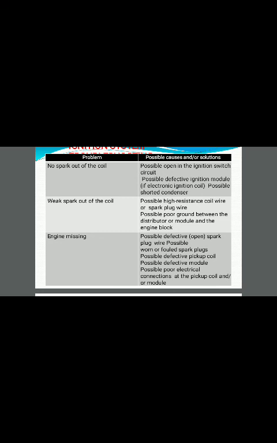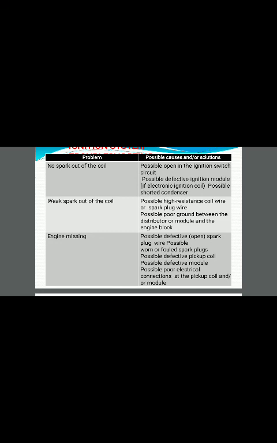Another problem is a weak spark out of the coil: the ignition coil is producing a spark but it is very weak and not able to ignite the fuel. What are the solutions? A possible high resistance coil wire or spark plug wire.